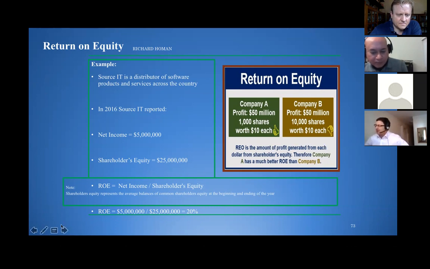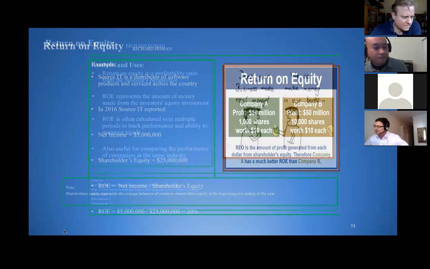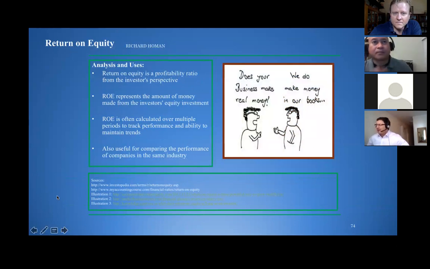And then, Michael, can you take us to the next slide? And so the next slide really is an illustration to say that return on equity is a profitability ratio measure from the investor's perspective. So it measures the amount of money that's made from the investor's equity investment. It's often calculated over multiple periods.